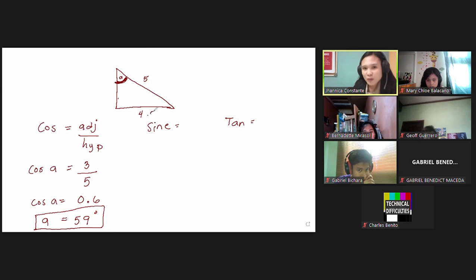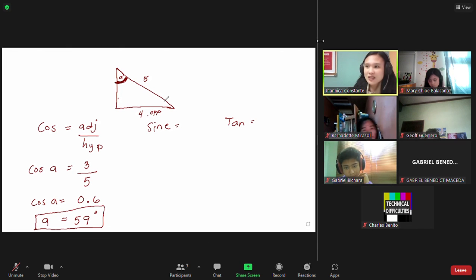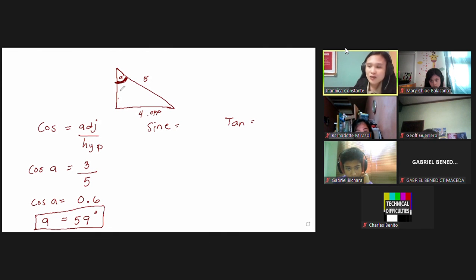You have your opposite. This is your opposite since it's facing the angle that you're going to measure. And we know that the hypotenuse will remain the longest side of the triangle. So that's the only one that you need to identify, if it's opposite or adjacent, so that you will know what trigonometric ratio you're going to use.